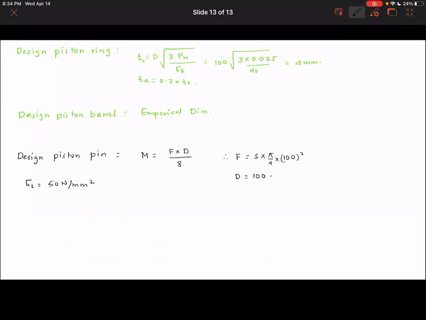And you can use the equation sigma T is equal to M divided by I multiplied by Y, and then plug in the values of moment, value of I, as we talked about, pi by 64, D outside power 4 minus D inside power 4, and D outside multiplied by 0.6 is equal to D inside, and Y is equal to D outside divided by 2.